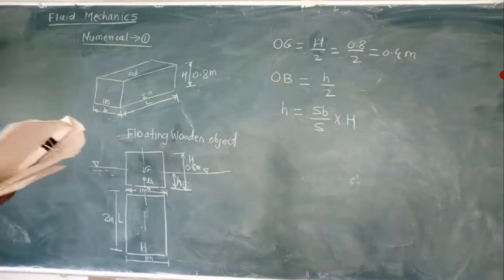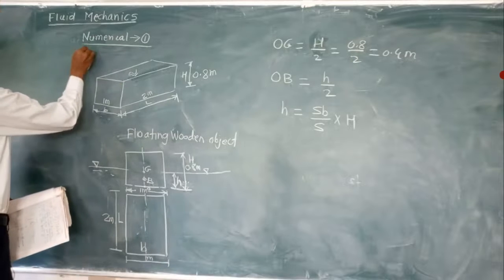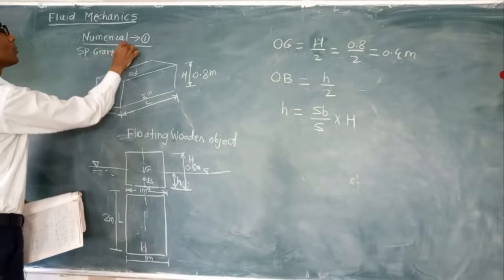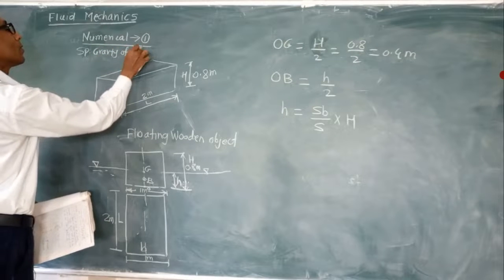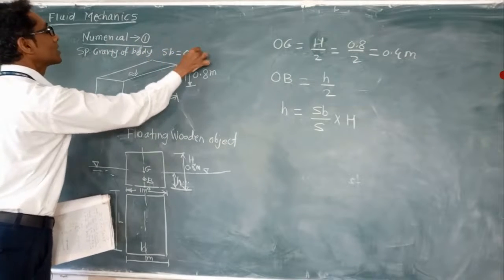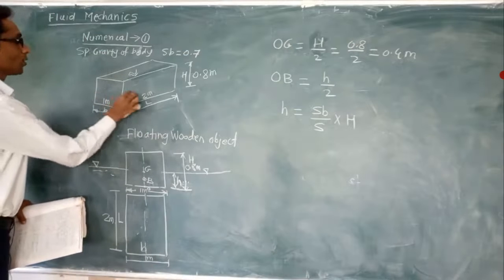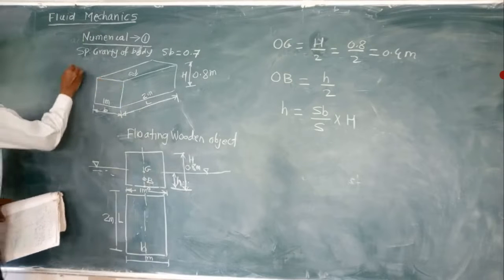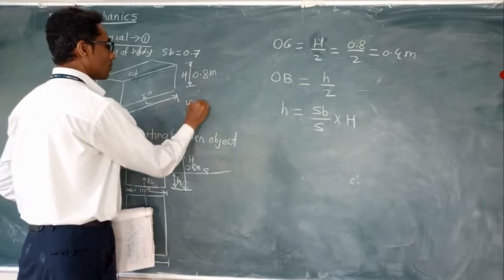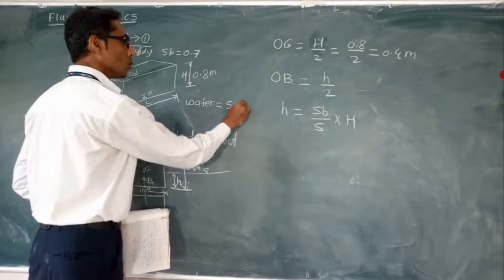Okay, now in the numerical, specific gravity of this body, SB, is given 0.7. Okay, and here this water, this is the fluid in which this body is floating, that is fluid what? Water. So water specific gravity is 1.